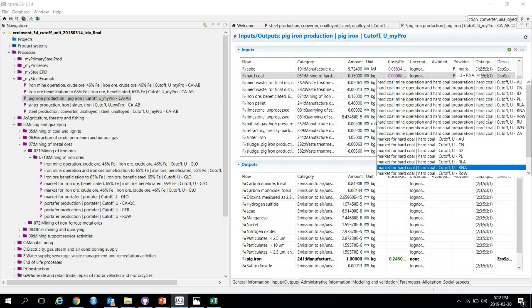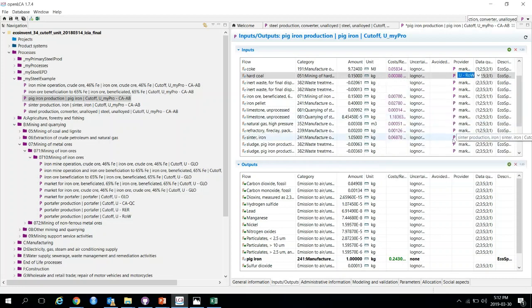So what would be the best process to pick? Well, the default is rest of world, or maybe a US process, since it's regionally closer. For now, let's go rest of world. We could always build out that process if we had information about it, or find better information in another database. We could fix it a little bit more, but let's do that for now.